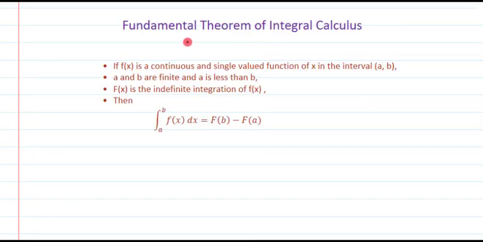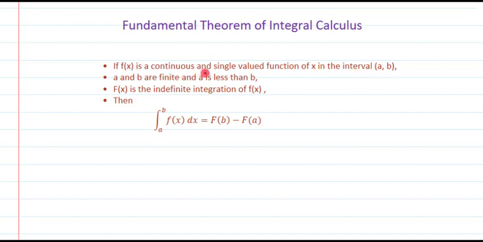Now let us discuss the fundamental theorem of integral calculus. This is the same as I just told you, just now we are discussing the statement of this theorem. This theorem states that if f(x) is a continuous and single valued function of x in the open interval (a, b).